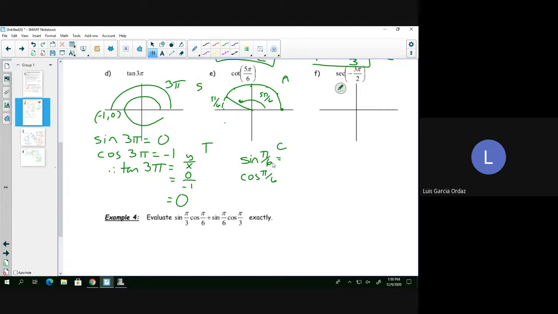So remember, our sine is our y value and our cosine is our x value, okay? And based off our trig ratios, we know tan is equal to y over x.